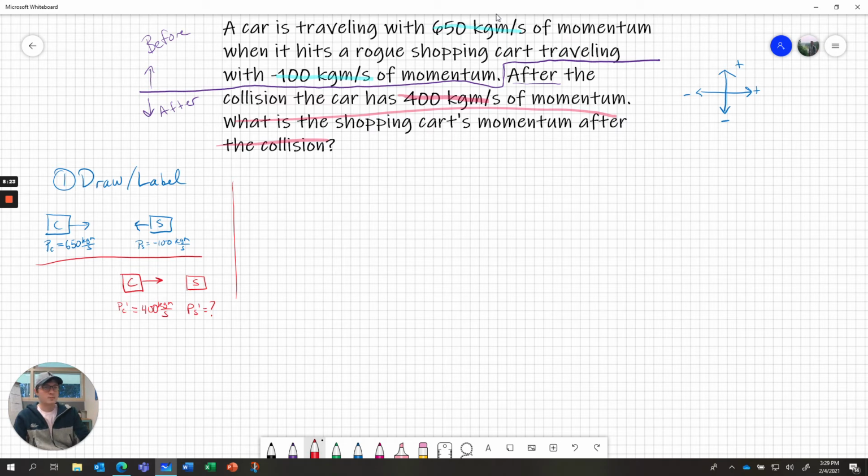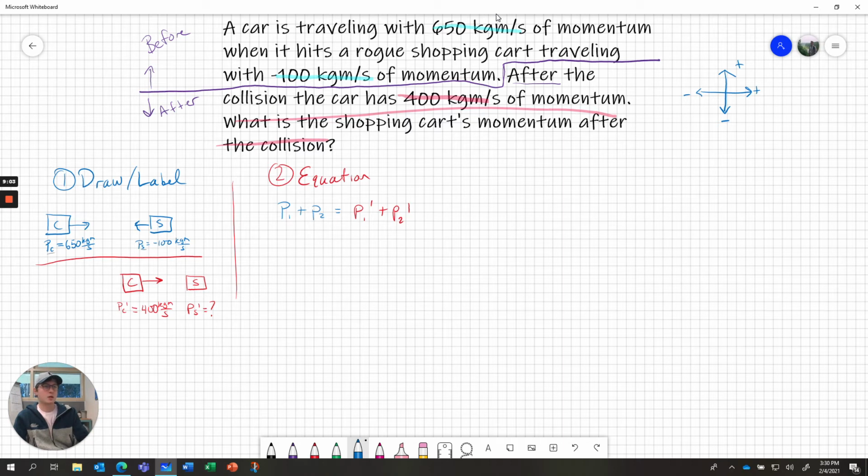Step 2 is let's figure out our equation. So our base equation is P1 plus P2 equals P1 prime plus P2 prime. Let me rewrite this right side of the equation. It's supposed to be red because it's after the collision. Now I want to change these 1s and 2s to the symbols that we're using in the problem.